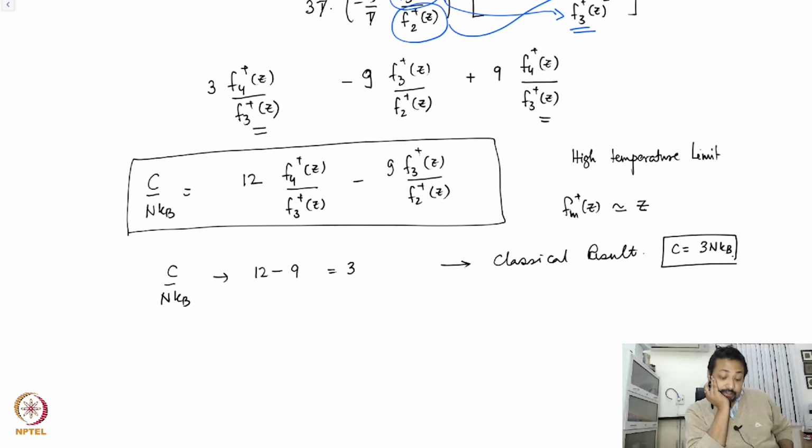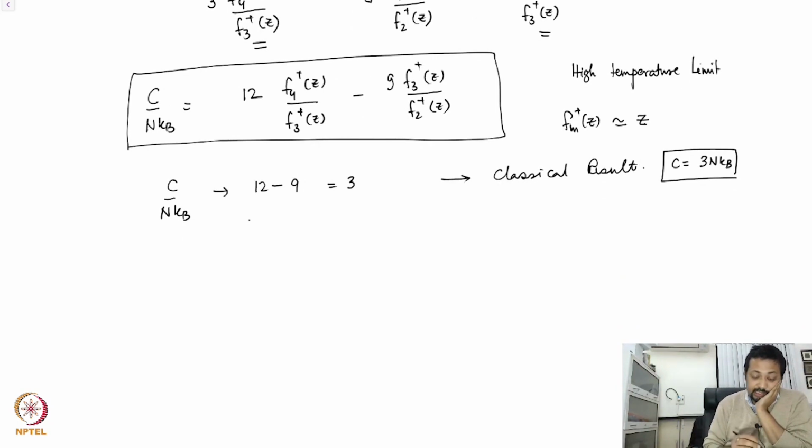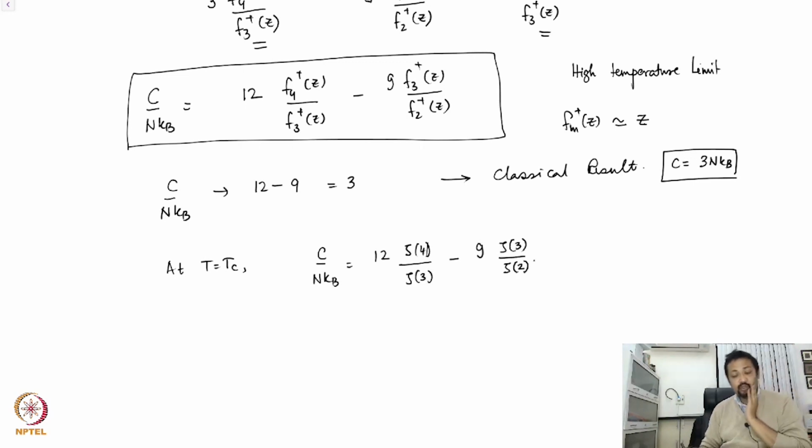Now the interesting thing is what happens at T equal to Tc. At T equal to Tc, one has C over NkB as 12 times zeta 4 divided by zeta 3, minus 9 times zeta 3 divided by zeta 2, the Riemann zeta function.